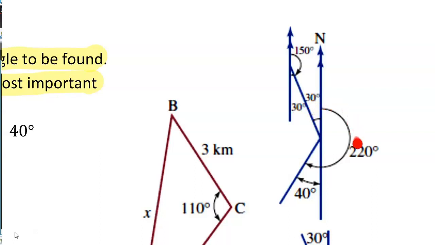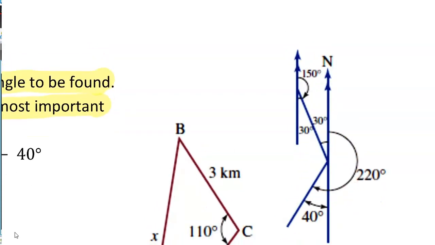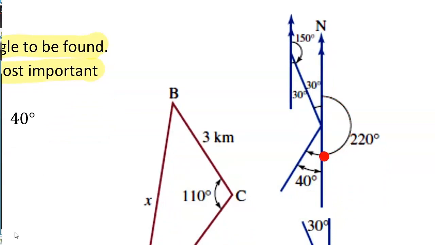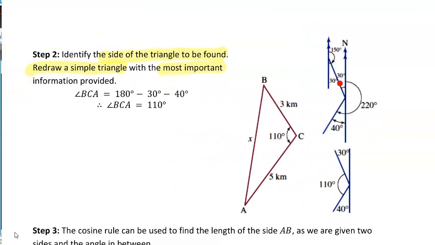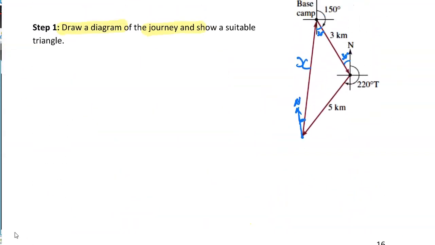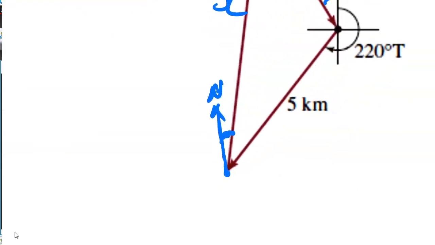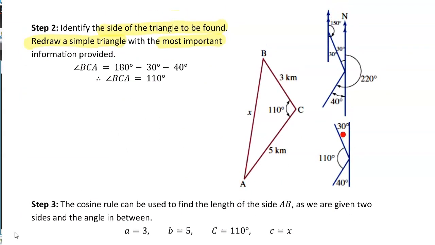Okay, now it's 220 degrees around to there. So I know it's 180 degrees to there, so that must be 40 degrees. So it's 30 degrees in there, 40 degrees in there. And because these three angles have to add up to 180 because they're on a straight line, 30 plus 40 gives me 70.